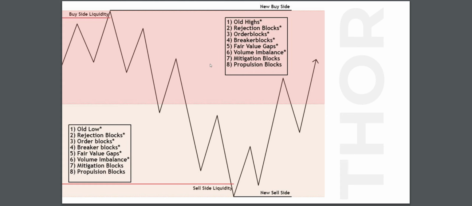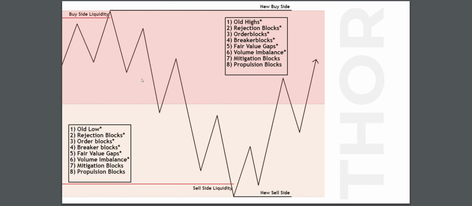Discount zone, rather. So in the premium array, in the premium zone, you'll have old highs, rejection blocks, order blocks, breaker blocks, fair value gaps, volume imbalances, mitigation blocks, and propulsion blocks. And on discount, it'll be all inverted basically. You'll see old lows, rejection blocks, order blocks, breaker blocks, fair value gaps again, volume imbalances, mitigation blocks, and propulsion blocks.